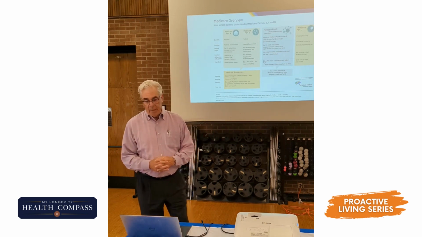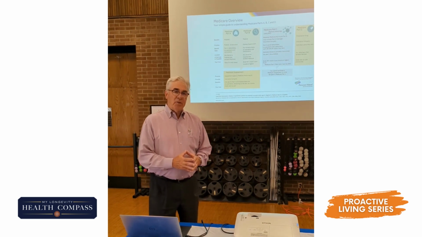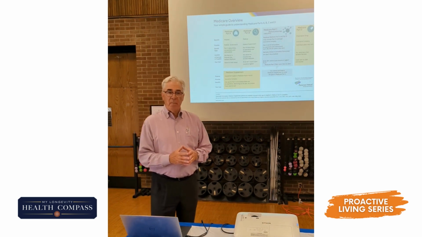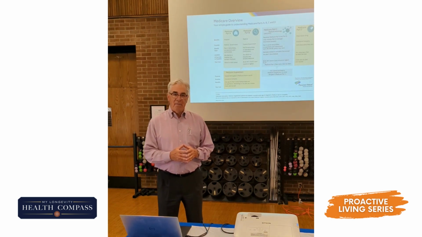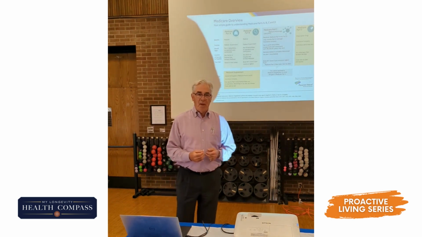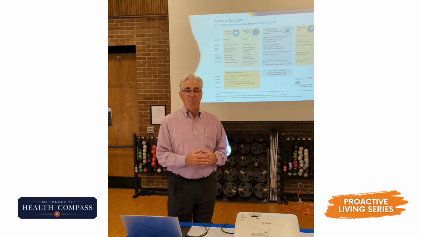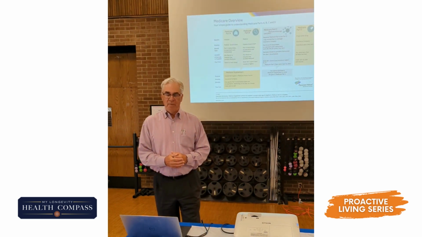So in terms of educating, let me touch on the key timelines associated with Medicare. People are basically eligible for Medicare on the first of the month that they turn age 65. If someone's date of birth happens to fall on the first of the month, then they're actually eligible for Medicare the first of the month prior to the month they turn 65.